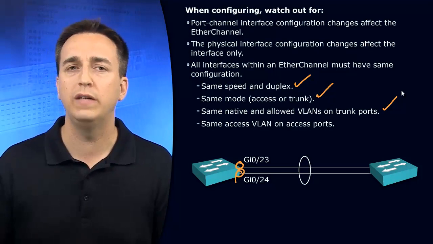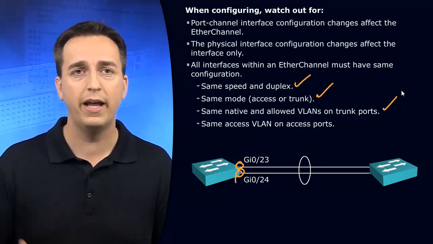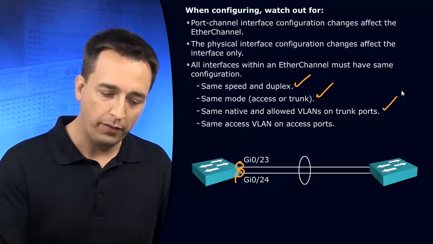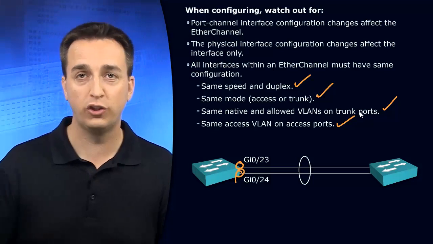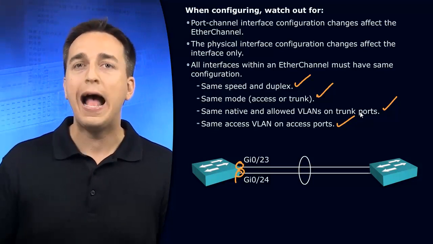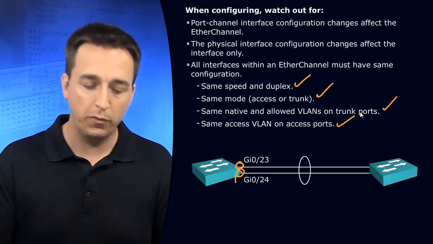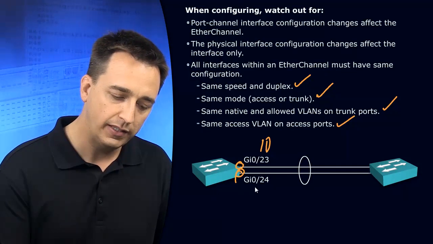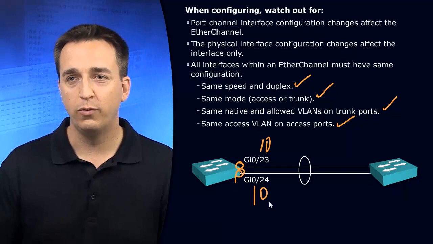Same thing with allowed VLANs. You have to make sure that the same VLANs are allowed and denied on both of these links, or it won't form. And if we're dealing with access ports, that's right, you don't have to form EtherChannel bundles over trunk links. You can form them over access links as well. And if you are forming them over access links, it's important that if this interface is part of VLAN 10, then this interface has to be part of VLAN 10, or the EtherChannel bundle won't form either.